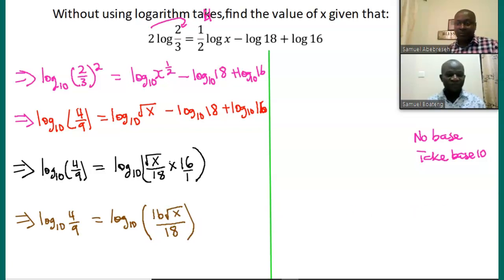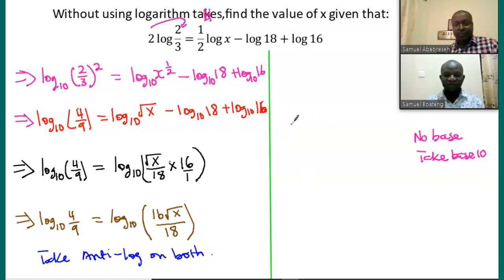Okay, so we have been able to express both sides as a single logarithm. So what we can do is to take antilog. The moment we take the antilog, the log to the base 10 will disappear, and we go ahead and solve for x.